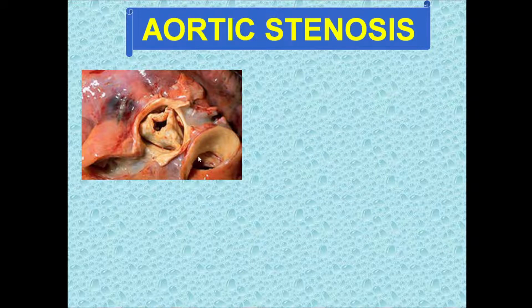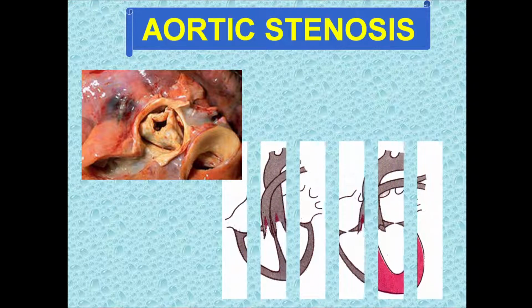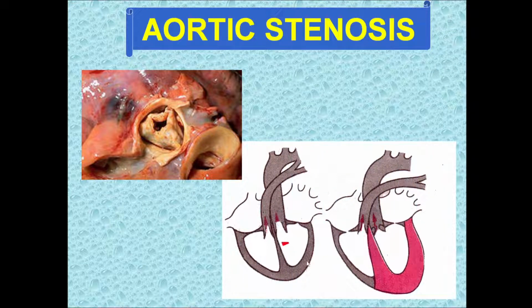And you understand that the more narrowed the orifice, the less blood is ejected into the greater circulation. Normal and restricted blood flow.